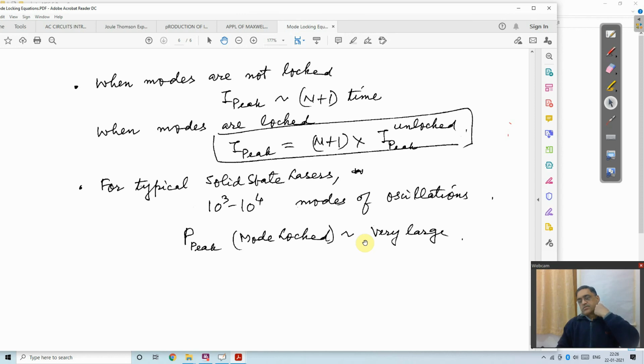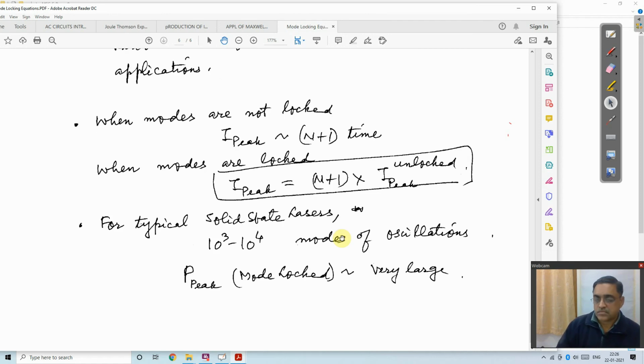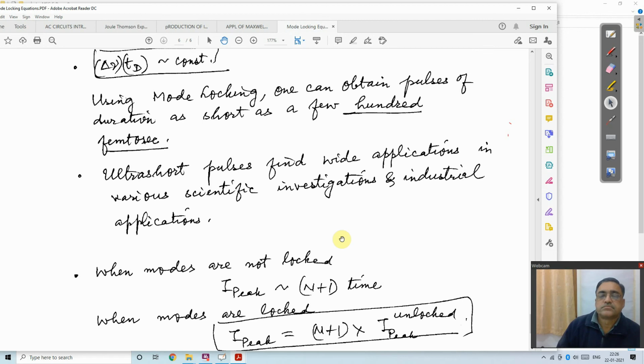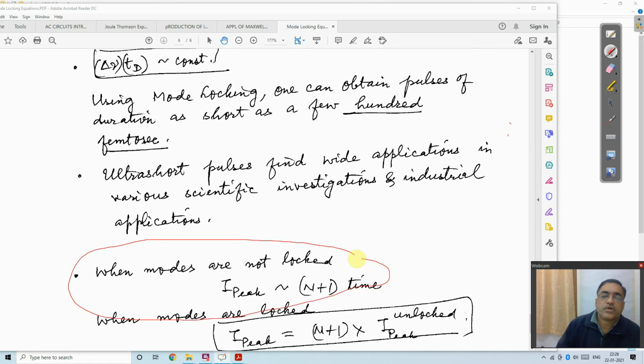So the peak intensity of a mode locked pulse is very large, because it gives the squared value, whereas for unlocked pulses it is only linear. So when the pulses are not locked, we have n plus 1 times, and when the pulses are locked, n plus 1 squared times.